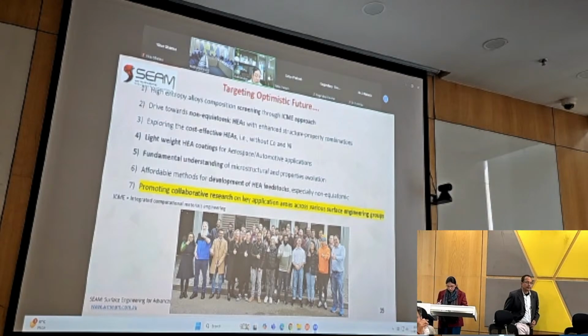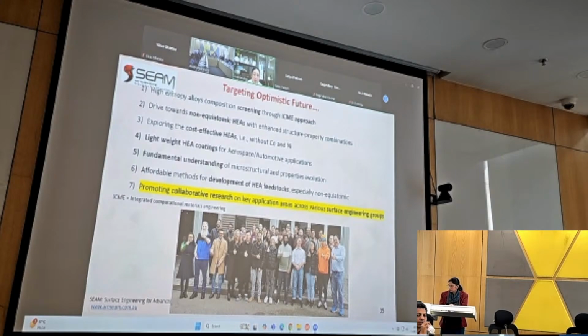As I mentioned, the driverless atomic HEA is something that I think will unleash a lot of various structural property combinations. Our group has been looking at both cost-effective and lightweight HEAs for various types of applications. The world's running out of cobalt, running out of nickel. We use that in our batteries. So we're also looking for those that are cobalt-free and nickel-free, or ways of recycling or using some of these.